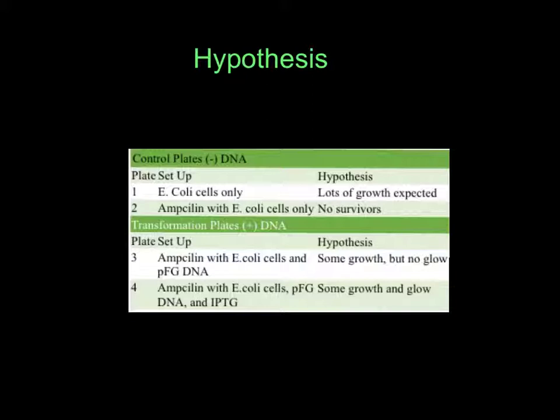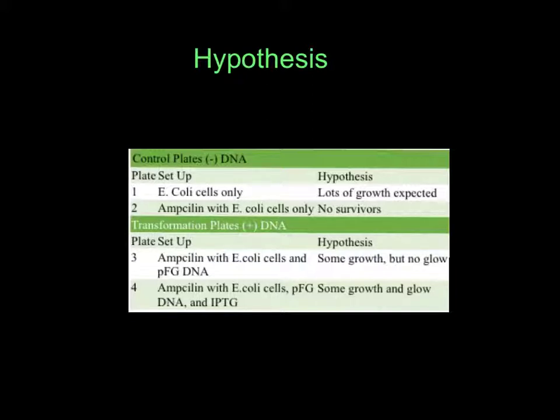Plates 3 and 4 were our transformation plates that did receive the GFP DNA. Plate 3 contained ampicillin with E. coli cells and pGFP DNA. Now, the fact that they did receive the pGFP DNA meant that they were resistant to ampicillin, so there would be some growth. But the fact that they did not have IPTG, which helps inactivate the repressor for the promoter, there would be no glow.